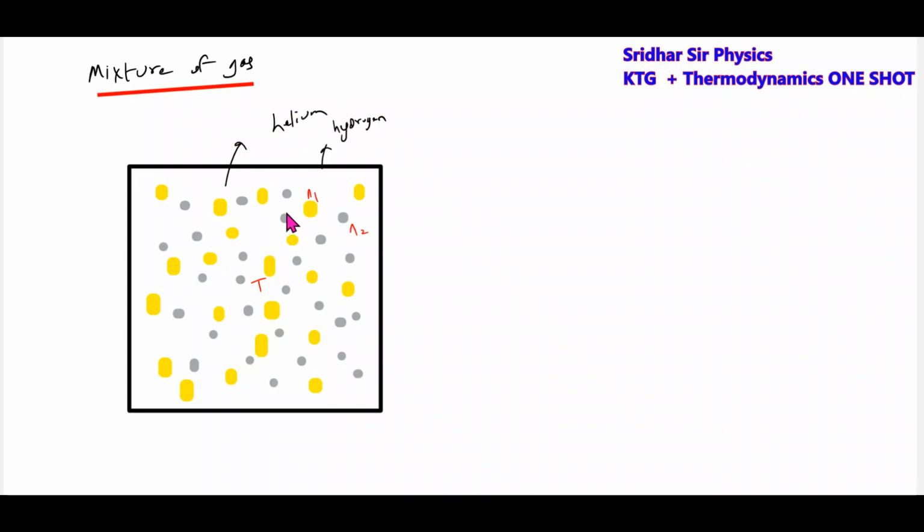There's a diatomic gas molecule, there's a monatomic, and they'll be moving randomly in all directions, colliding with everything. I want to calculate the total energy of this gas. So how will they be moving in a mixture of gases?